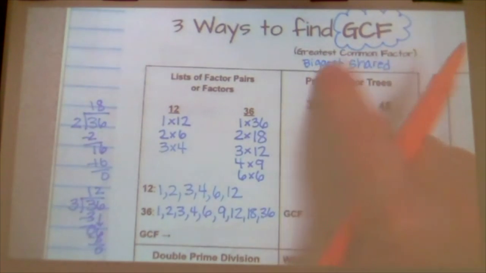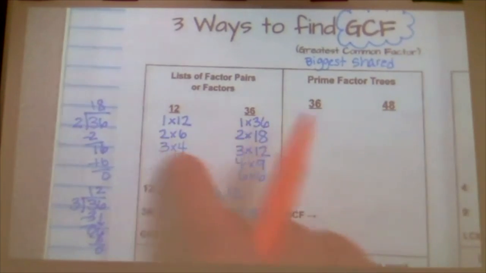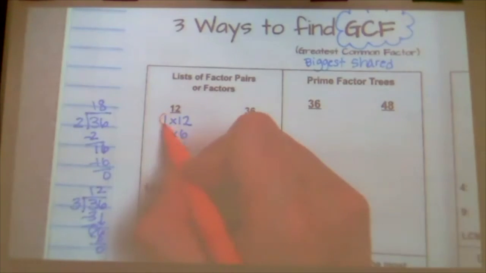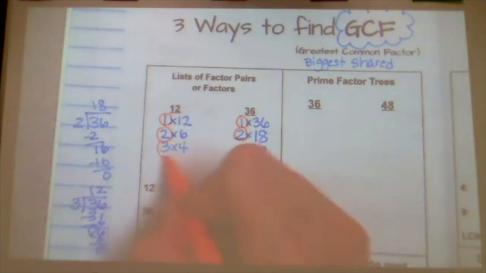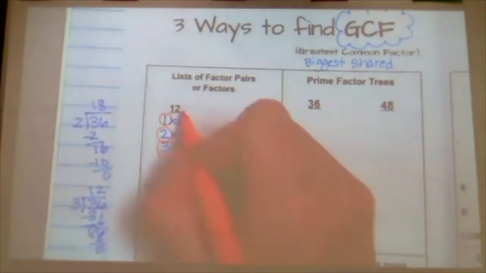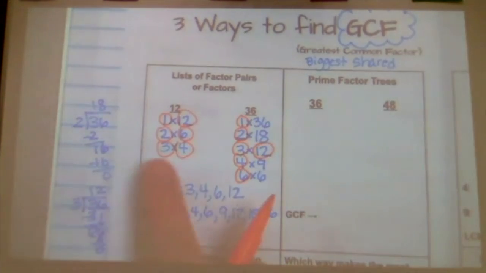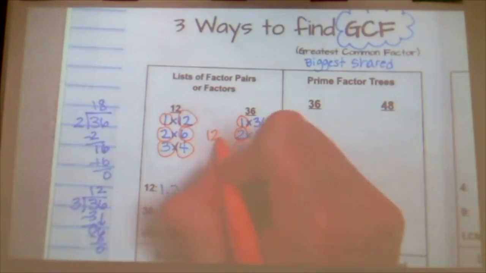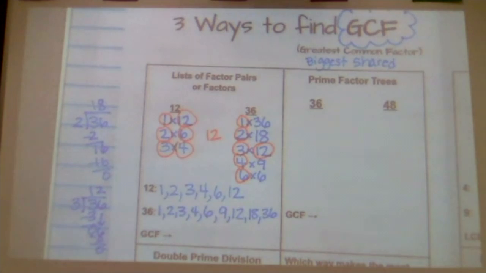That's the biggest shared factor that both of these numbers have. So I'm going to look at my list, and I'm going to start circling the factors that they have in common. And I'm noticing that they actually have a lot of factors in common. But then, once I found every factor in common, I noticed that 12 is the GCF, or the greatest or the biggest common factor that they share.